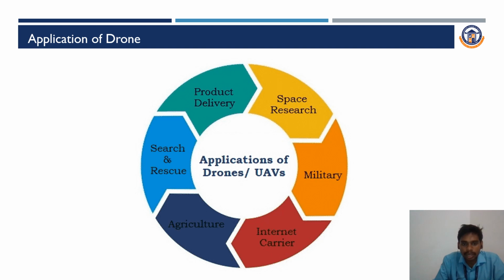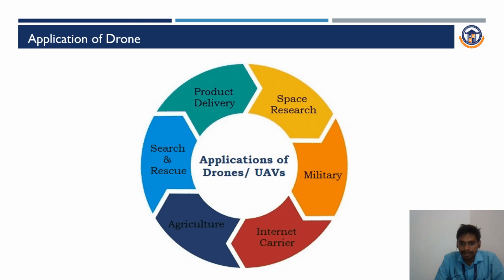These are the major applications of drones. Product delivery means delivering products such as medicine, food, whatever. Space research: we use drones on Mars and the Moon; these kinds of drones take samples and bring them to Earth. Military asset: drones drop weapons and help rescue our military personnel. For example, in the Russia-Ukraine war, drones play a major role.